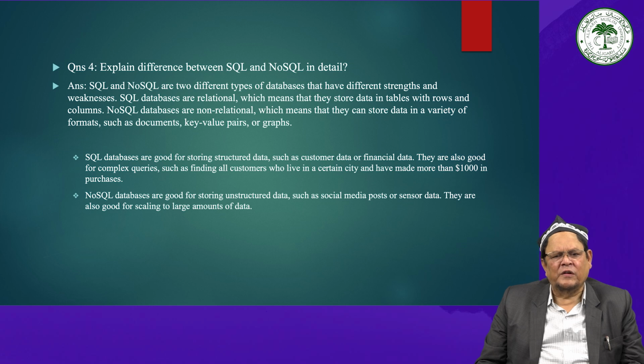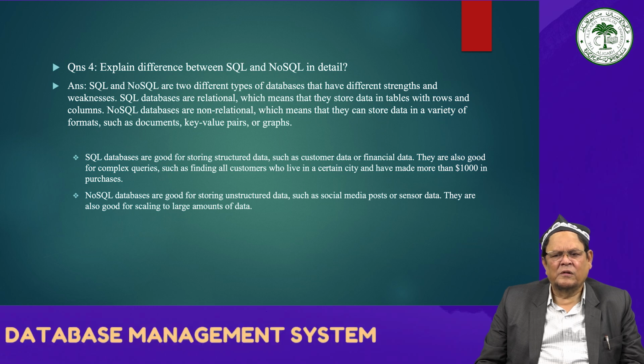Explain difference between SQL and NoSQL in detail. The answer is SQL and NoSQL are two different types of databases that have different strengths and weaknesses. SQL databases are relational, which means that they store data in tables with row and columns.